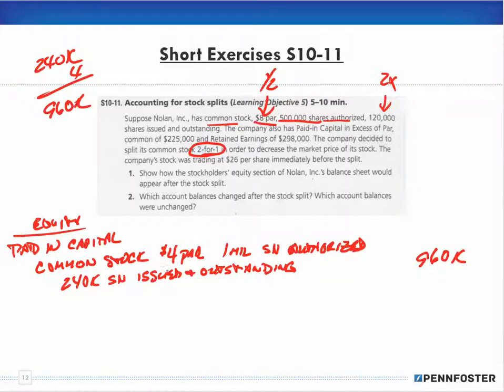Okay, next we have the paid in capital in excess of par. Common is going to remain the 225,000.